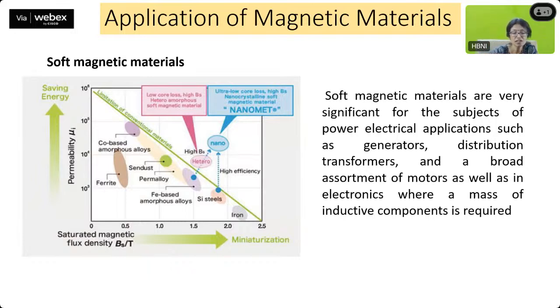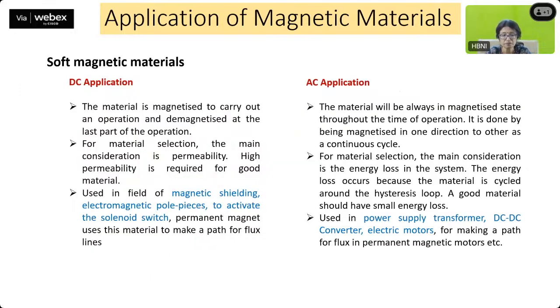You can see different examples in this plot. You will see the different kinds of soft magnetic materials, and on the x-axis you will find the saturated magnetic flux density, whereas on the y-axis you have the permeability of these different soft magnetic materials.